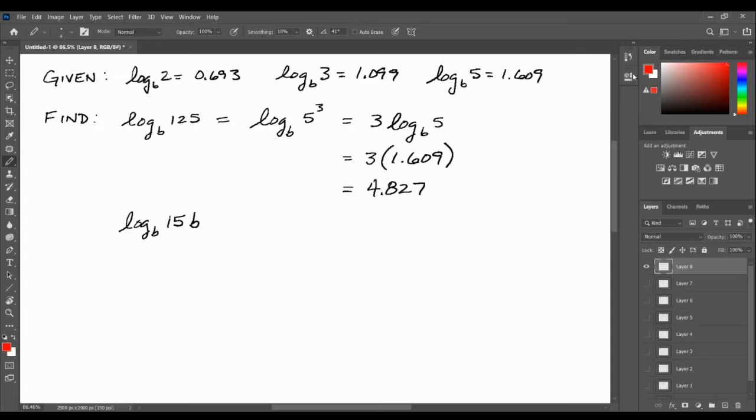I know that 15 is 5 times 3, and then we've got times b as our argument. So let's go ahead and use the product rule and split this into log base b of 5 plus log base b of 3 plus log base b of b.